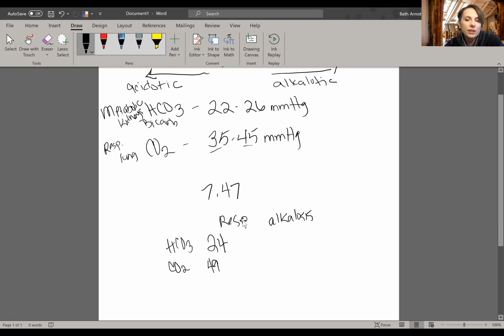That one is the winner for your respiratory or your metabolic. Does that make sense? When you get really good at it, you can take on the compensation factor. And then your patients, when they're super sick, will throw an oddball at you, and it still becomes really weird.